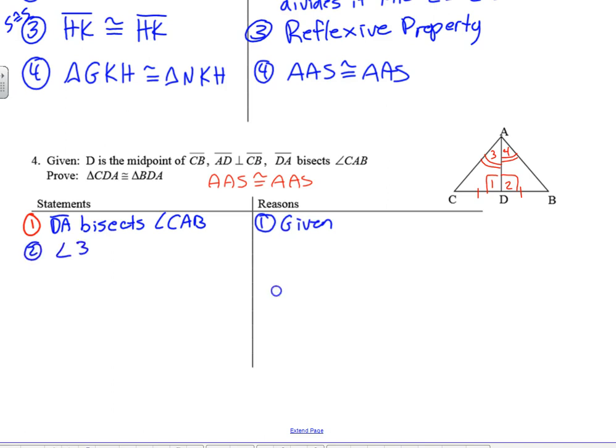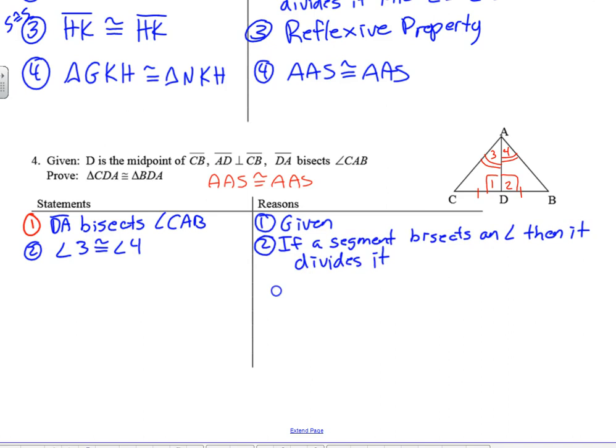So this is angle 3 congruent to angle 4 from that given. So if a segment bisects an angle, then it divides it into two congruent angles. All right, so there's an angle congruent to an angle.